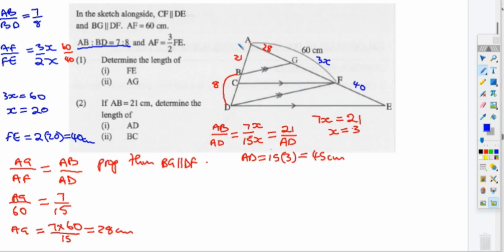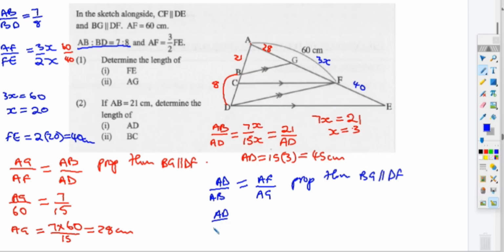Okay, let's use that proportionality theorem here. We are looking for AD, so we can say AD over AB is equal to AF over AG, and we have prop theorem with our parallel lines BG parallel to DF, and then substituting there, AD over AB.